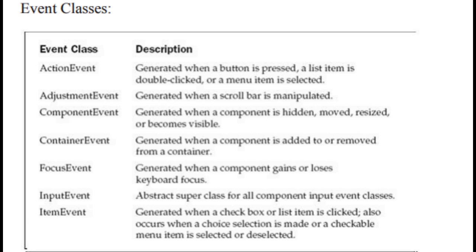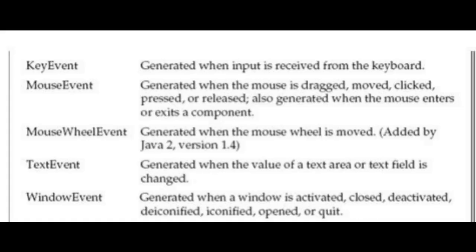An action event is created when a button is pressed, a list item is double clicked, or a menu item is selected. A focus event is generated when a component gains or loses keyboard focus. Then an adjustment event is generated when a scroll bar is manipulated.